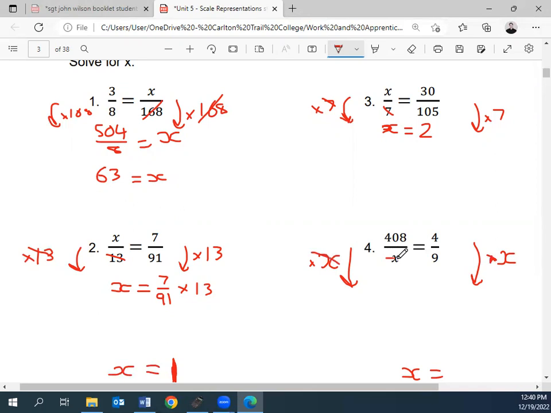So these two things are going to cancel out. Just on the left side, I'm going to be left with 408. On the right side, I'm going to be left with 4 over 9. I'm going to put a little dot here because that means multiplication, just because I'm dealing with an x. So this is 4 over 9 times x.